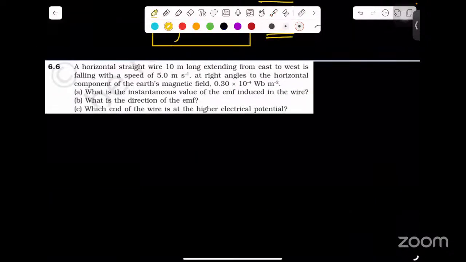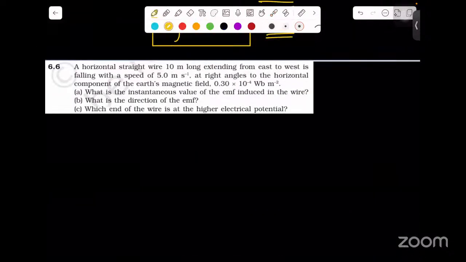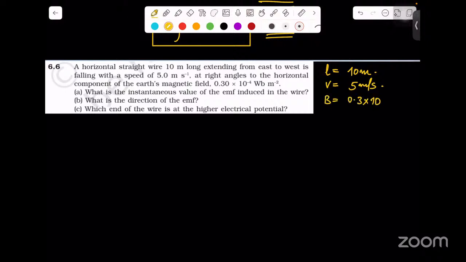So for the first part, the wire's length is 10 meters, the speed with which it is falling is 5 meters per second. The magnetic field is 0.3 into 10 raised to the power minus 4 Weber per meter square.